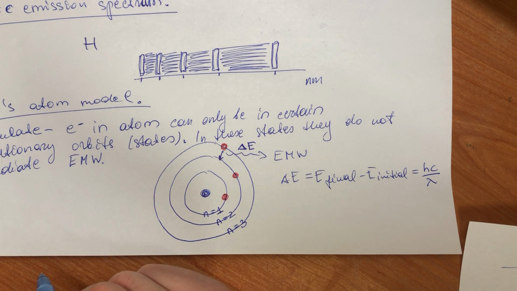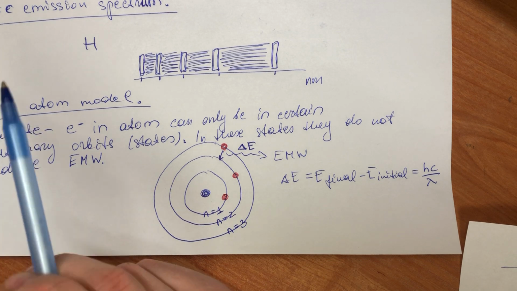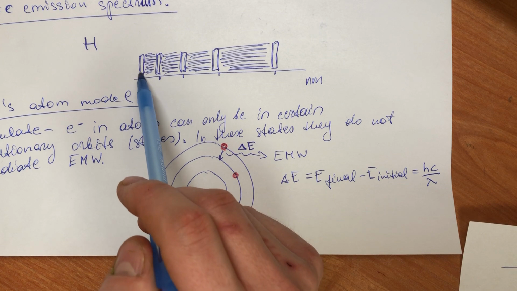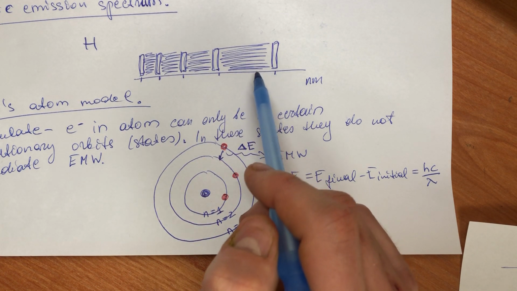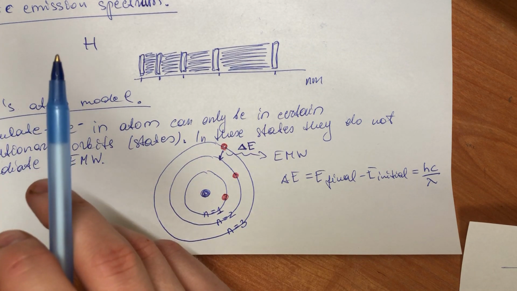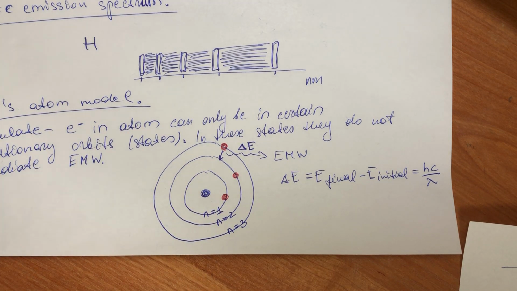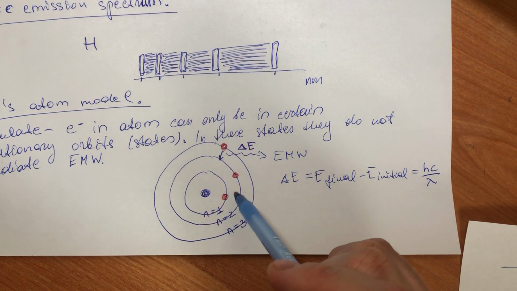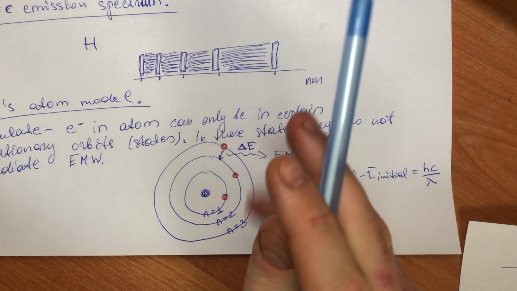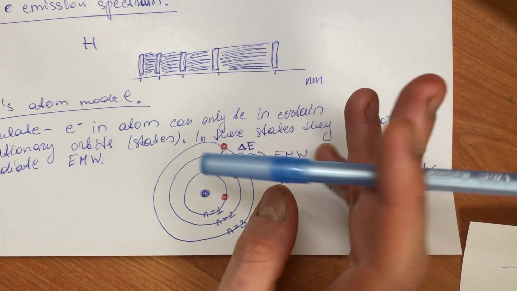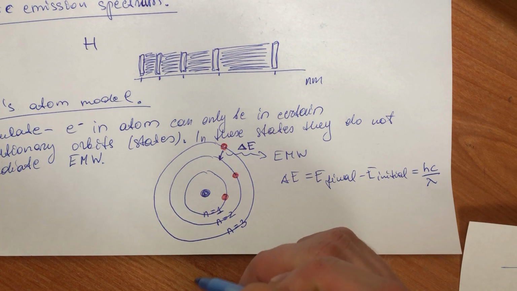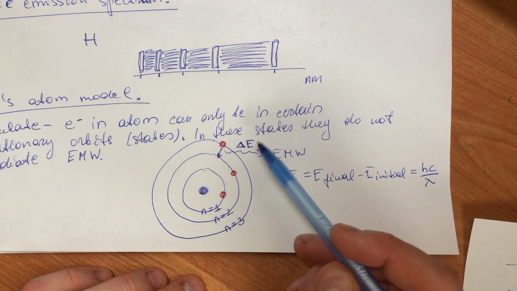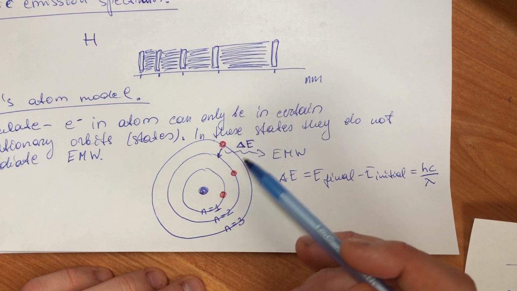Using this model, Bohr was able to explain, to predict and calculate, the spectrum of the hydrogen atom. But for him it was easier, because the hydrogen atom has only one electron, so it can move to lower energy states.